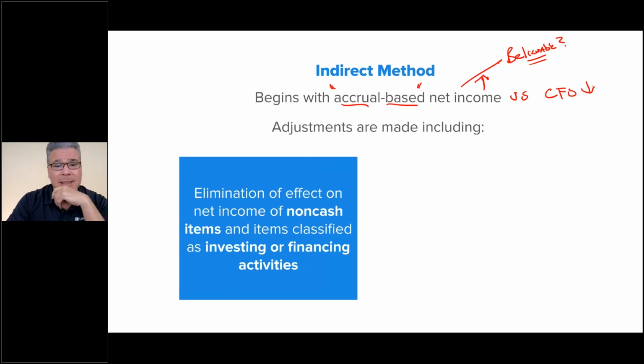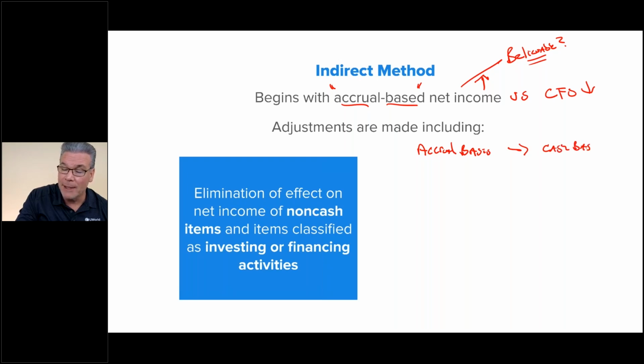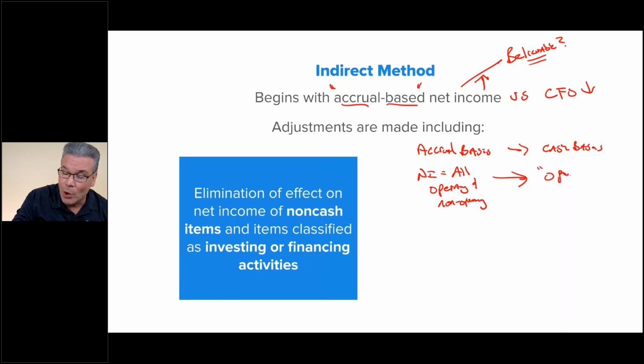All righty. So we want to go from accrual basis to cash basis, and we want to go from net income, which includes all operating and non-operating activities, to just the operating, the core business.